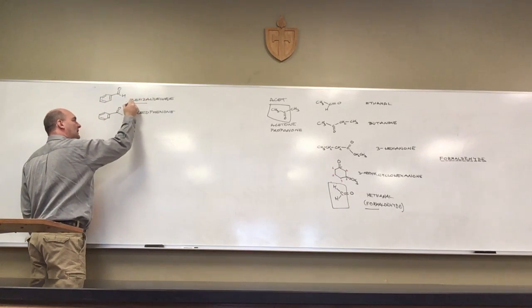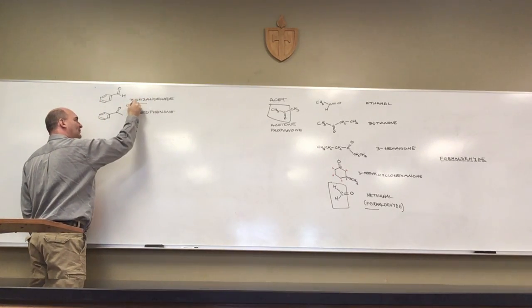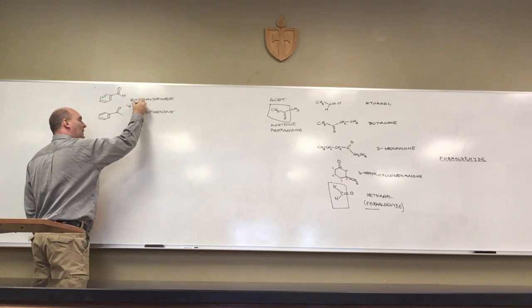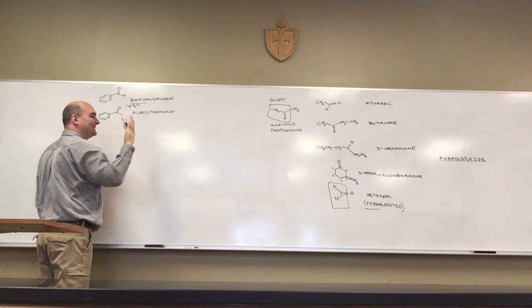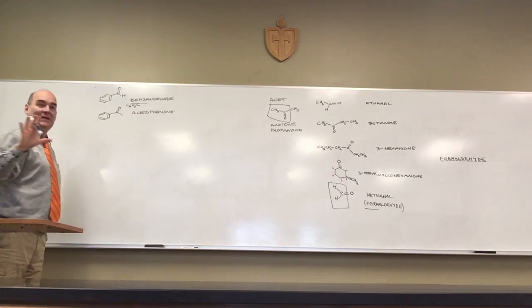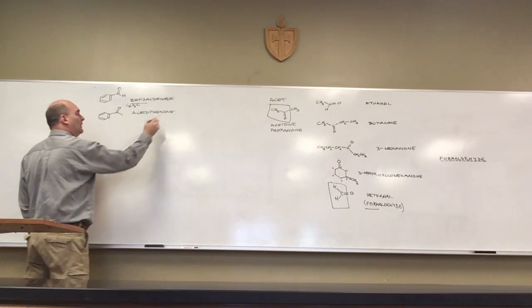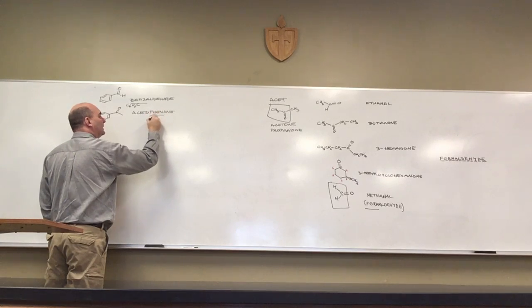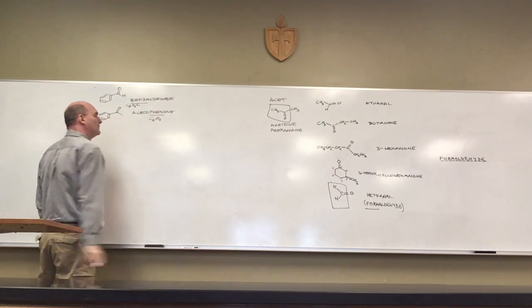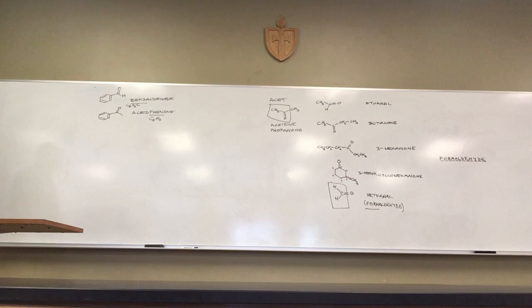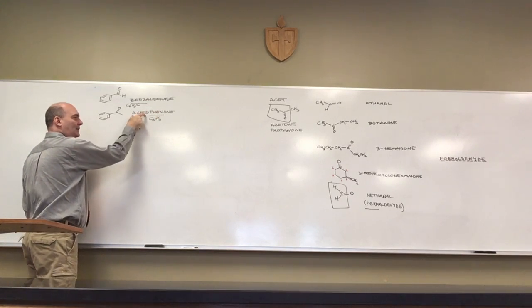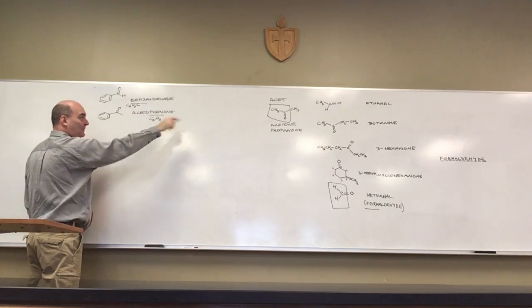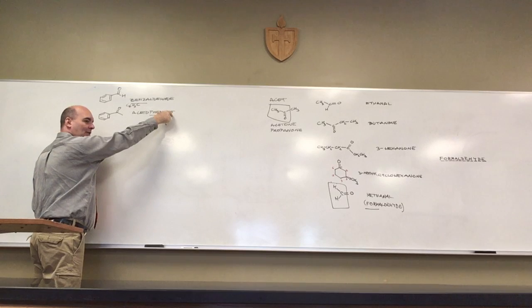Benz is C6H5 and then a carbon. Benz is 7 carbons in size. Fen is 6 carbons in size. So this is a fen with an aceto group, one of them, and it's a ketone.